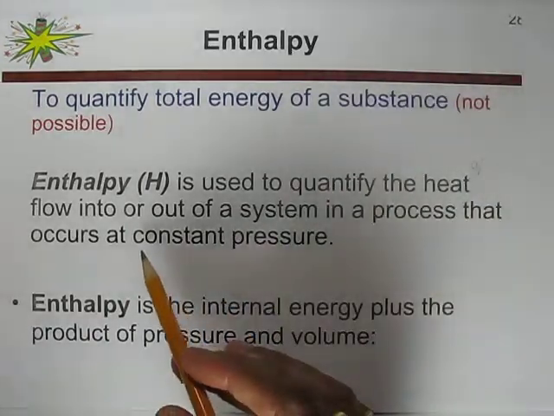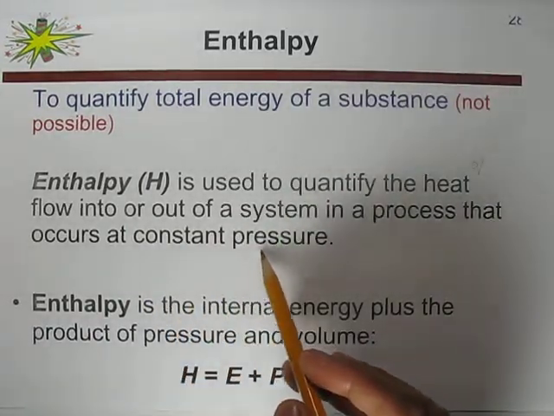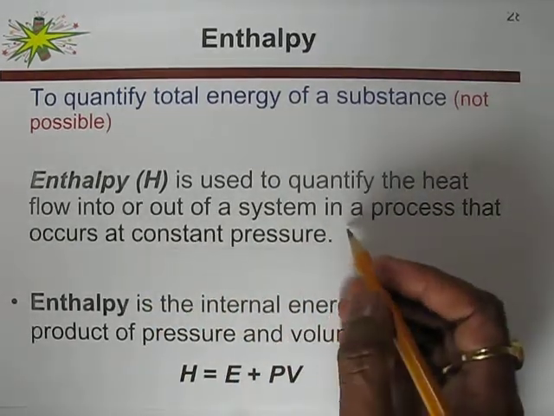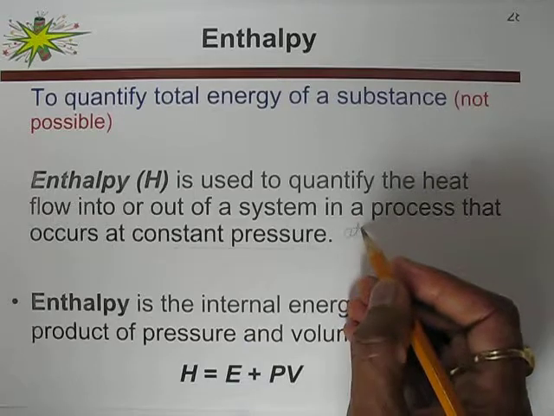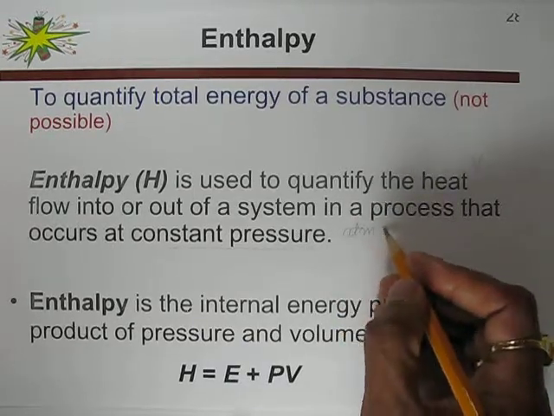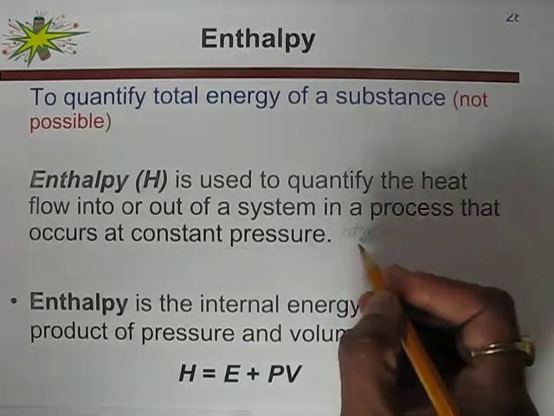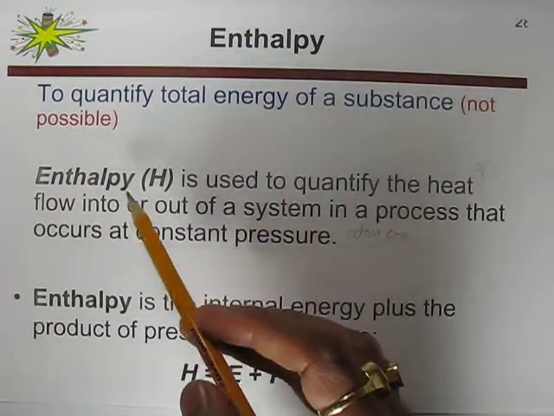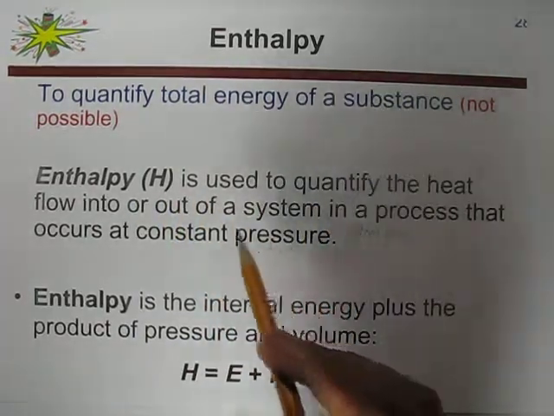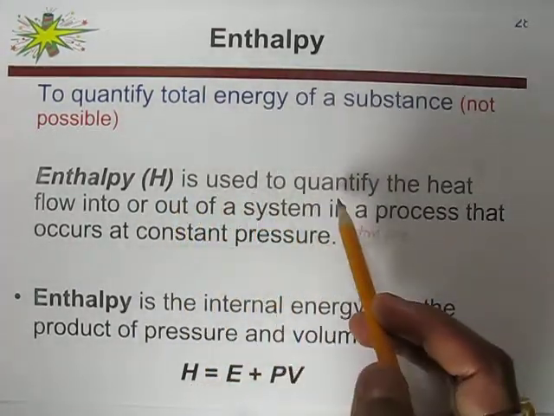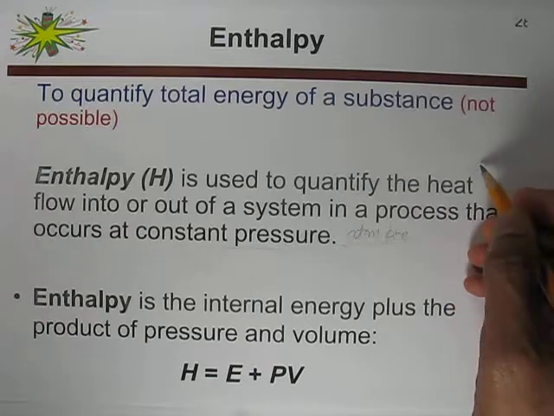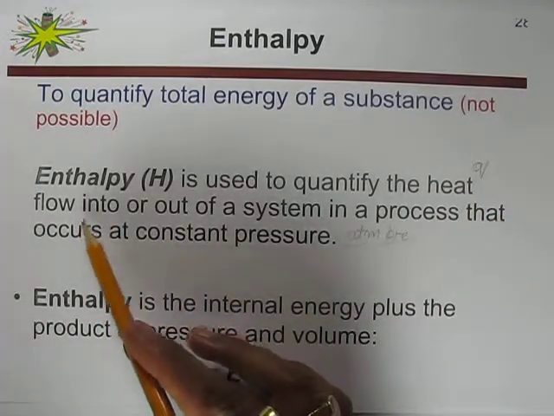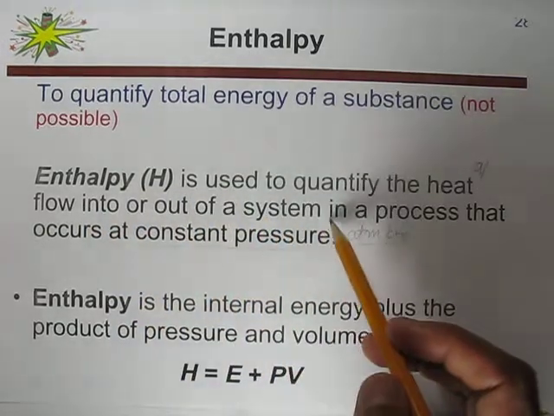Constant pressure means if any reaction is happening in an open system under atmospheric pressure, that is considered constant pressure. At that point, enthalpy is used to quantify the heat, which is Q, the heat flow in and out of the system in a process.